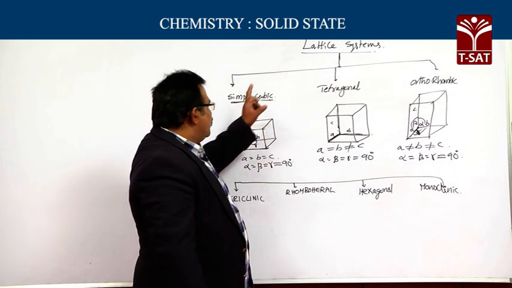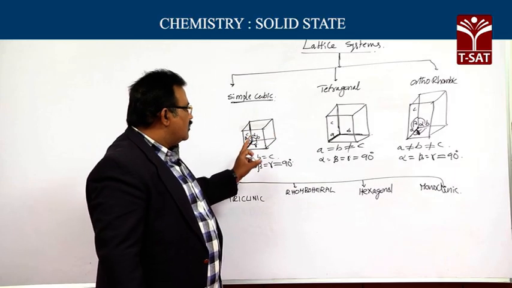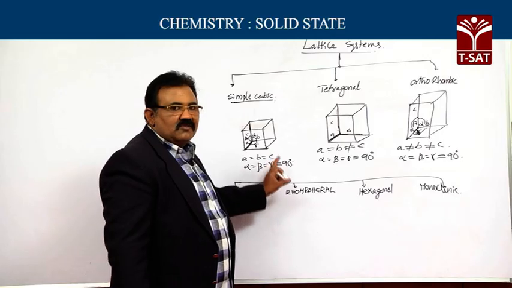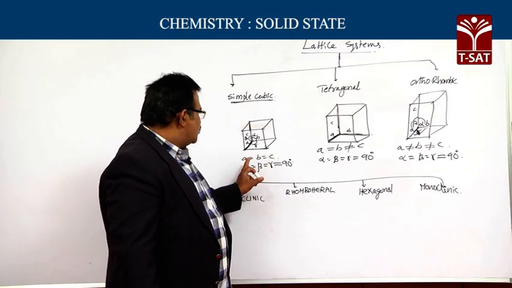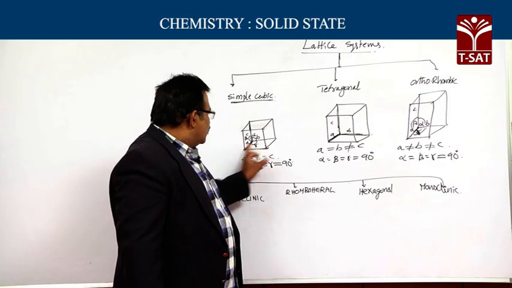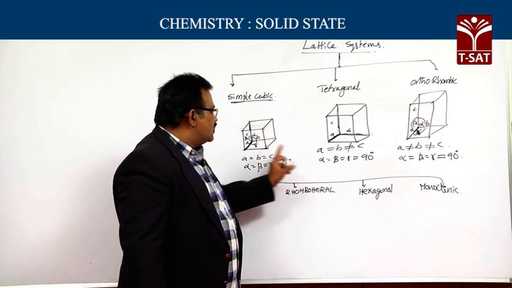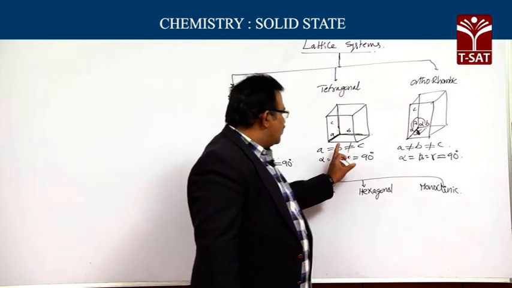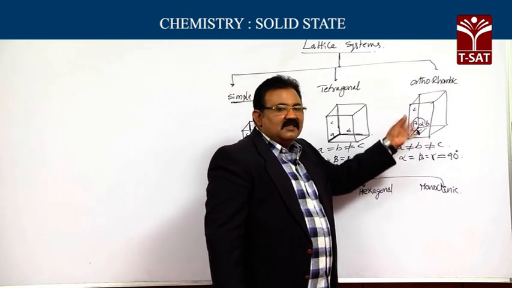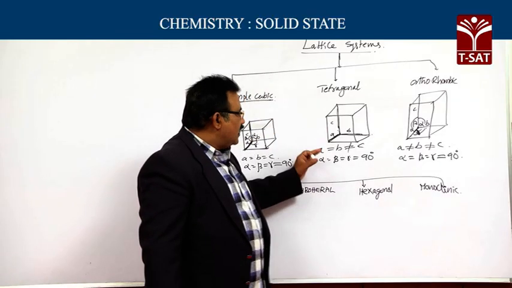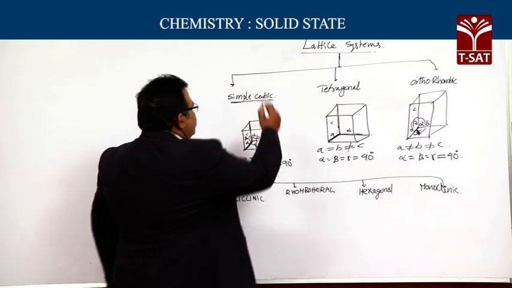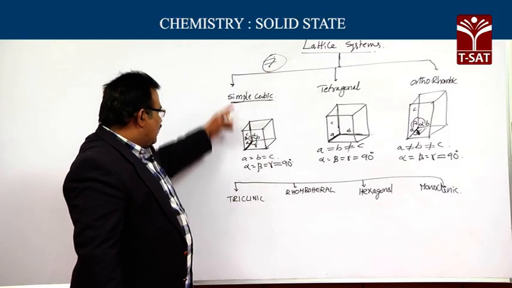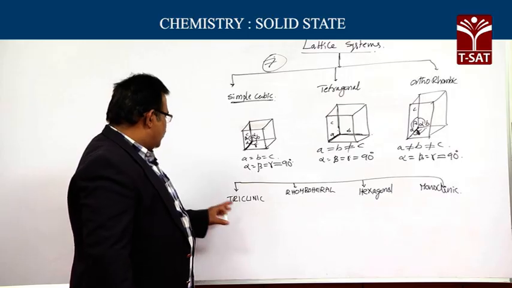So, in simple cubic, tetragonal, orthorhombic, the interplanar angles are the same, equal to 90 degrees, whereas the face length is the same in simple cubic, two faces are the same in length in tetragonal, and here three faces are of different lengths. In this way, altogether these 7 types of lattice arrangements are there.